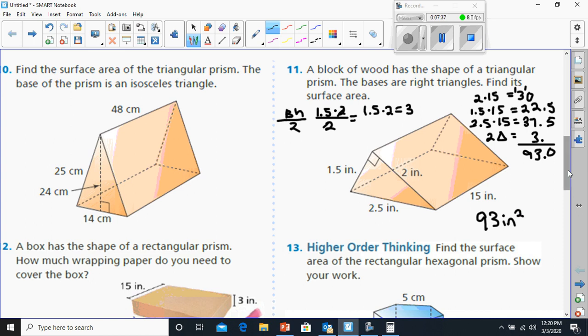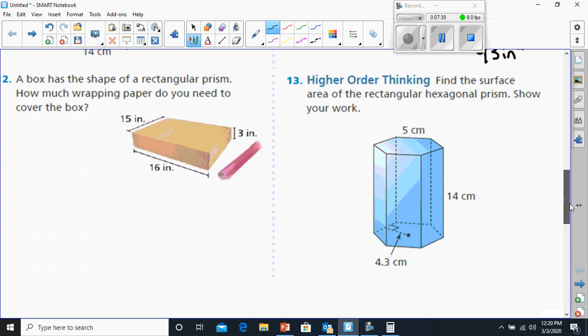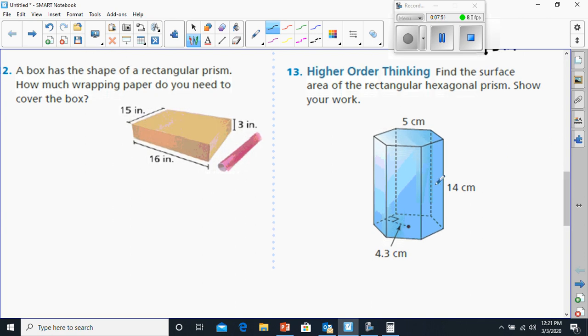And we're ready to go ahead and tackle number 13 now. Find the surface area of this hexagonal prism. Show your work. Wow, this is going to be something else. Well, we can start with the sides first. We know each side is going to have 4.3 times 14.